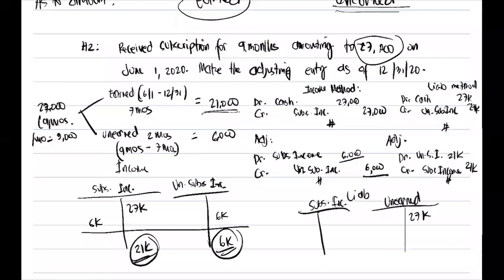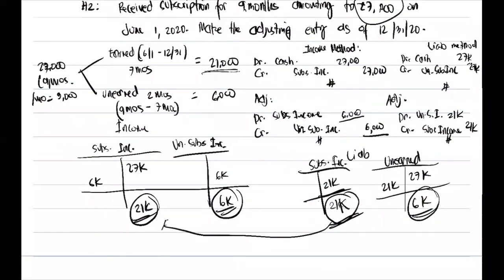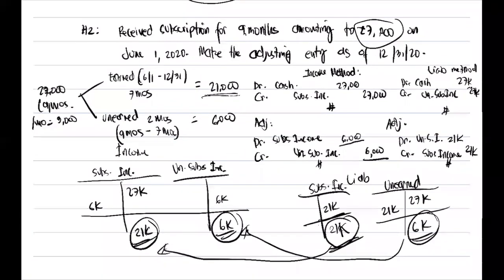And then our adjusting, we debit unearned subscription income for 21,000 and credit subscription income of 21,000. So balance is 21,000 for subscription income and 6,000 for unearned subscription income. Notice, whatever method we use, whether liability or income method, we still get the same amount.